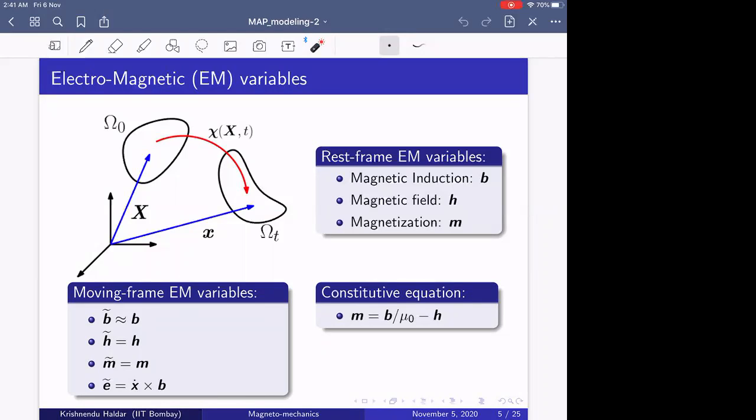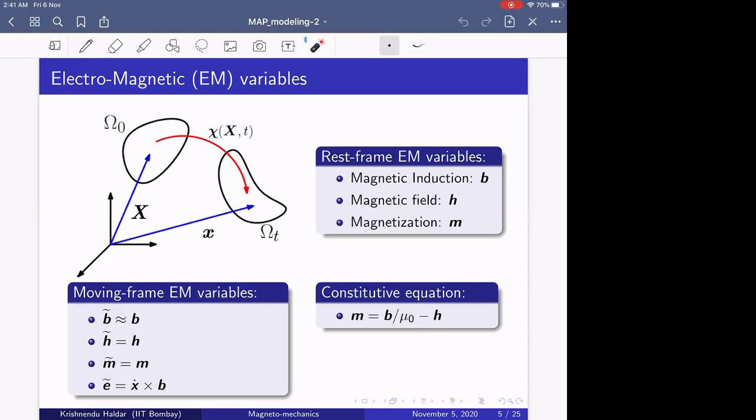In the moving frame, which is more suitable when we have a motion of such a magneto-active polymer system, the tilde denotes the moving frame variables. However, we are considering the velocity x dot to be way less than the velocity of light. In that scenario, you just have B tilde equal to B, H tilde equal to H, M tilde equal to M. However, the catch is that the velocity will generate an electric field, though we are not considering any sort of electrical interaction here.